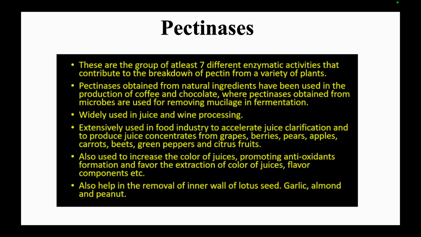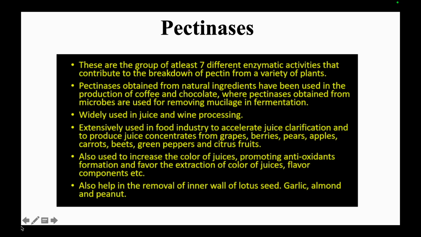Now we move on to pectinases. Pectin is found in the plant cell wall, and it is very important to digest pectin from the plant wall, especially in the juice industry or paper industry, and also in environmental applications.